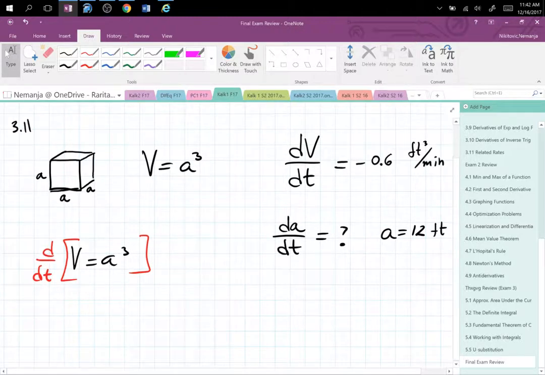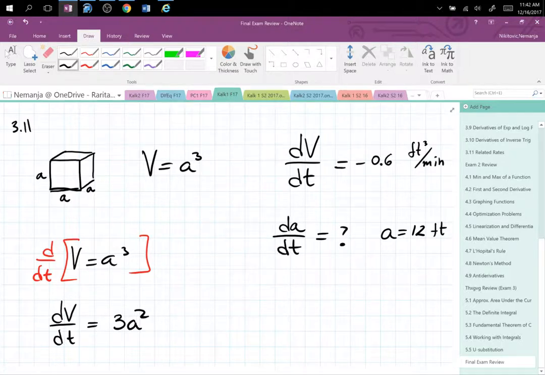So now you get dV/dt is equal to 3A squared. That's just a standard derivative, 3A squared. But it's an implicit differentiation because A is a variable and it's changing. And now we're changing that in time, so dA/dt is necessary as a chain rule. So it was the implicit differentiation that dealt with this particular formula.